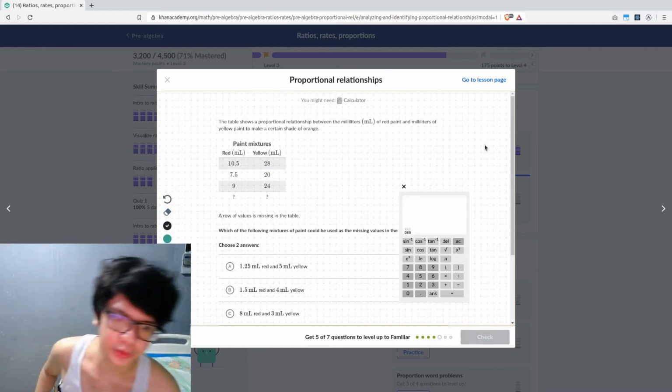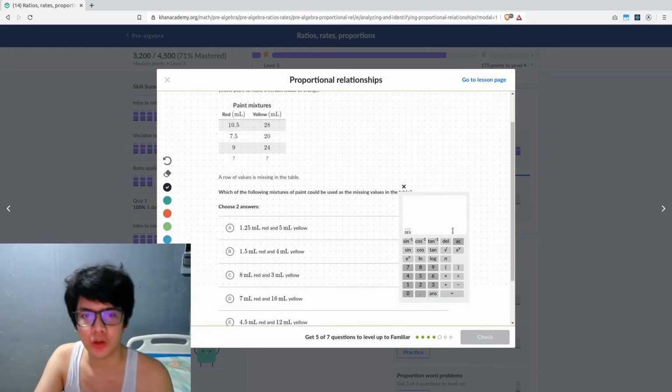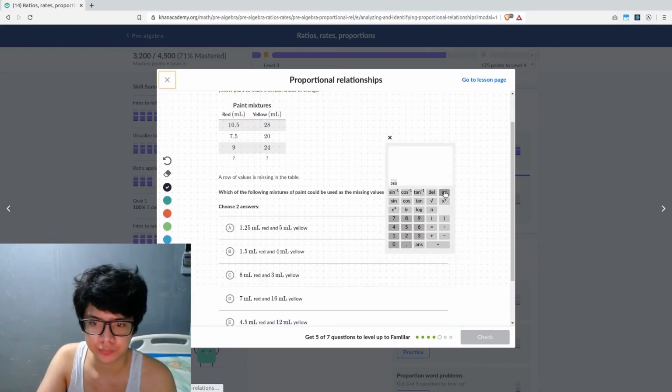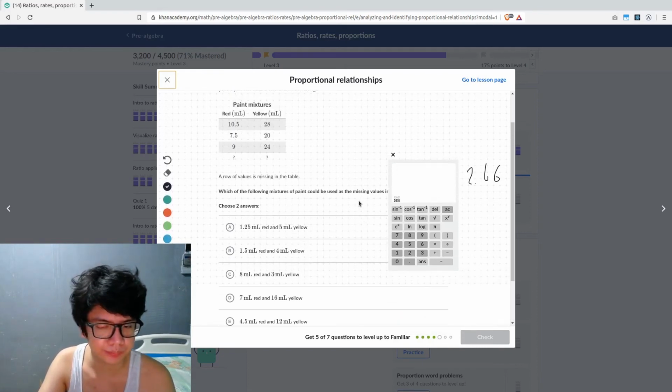To make a search. Orange. Okay. Let's see, 28. Or 2.6. Would that be true for this one and for the other?